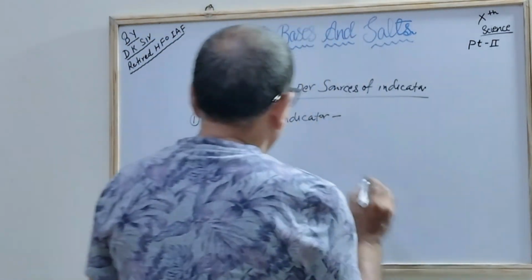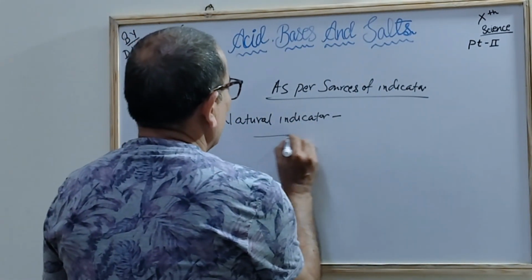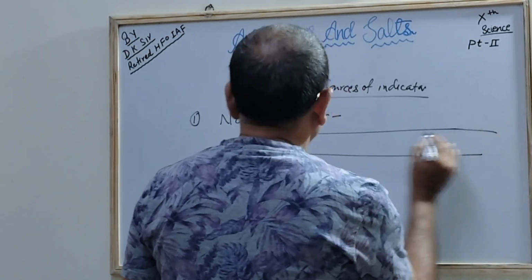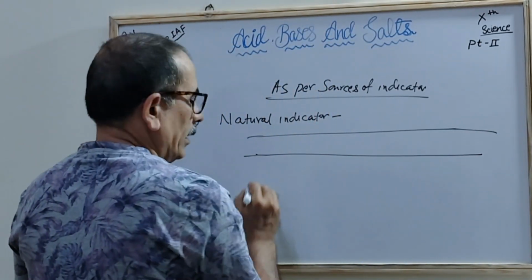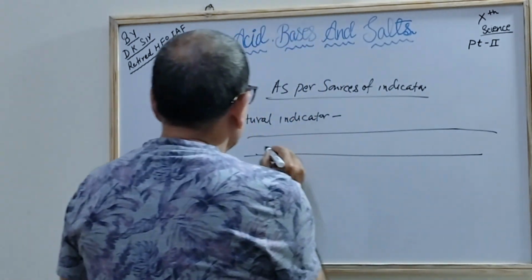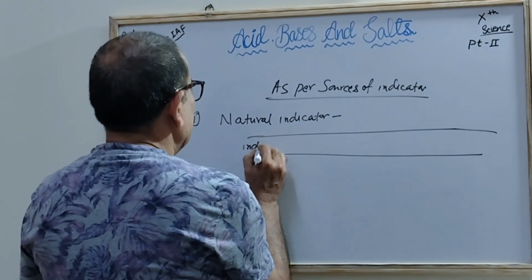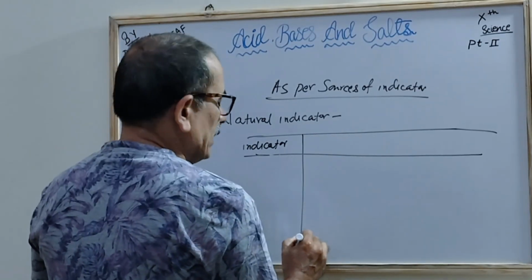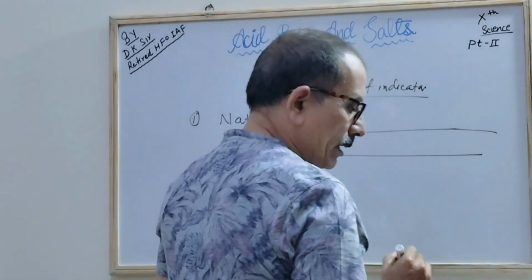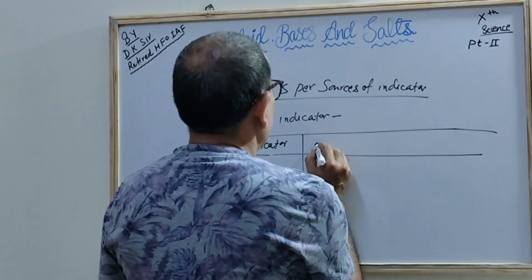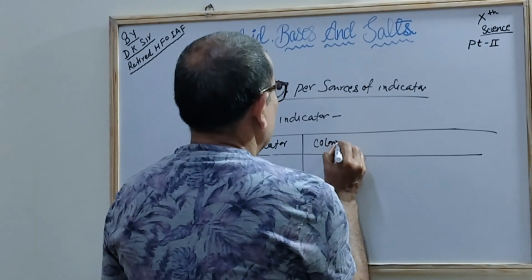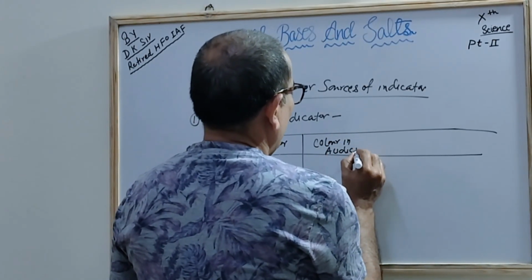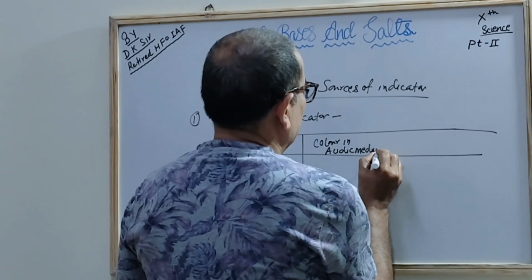So we will see some of the natural indicators. First, we will make a tabular form. First we will write the number of the indicator. Next we will write the color in acidic medium.